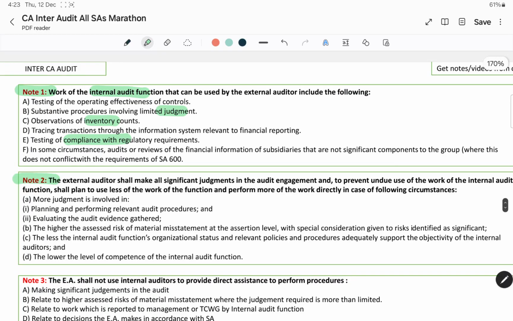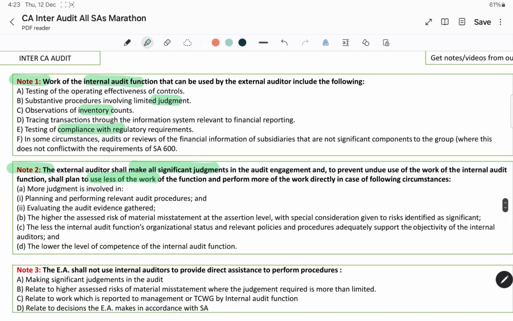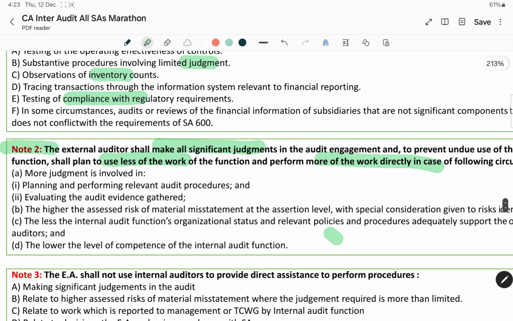Note 2. The external auditor shall make all significant judgments in the audit engagement, and to prevent undue use of the work of the internal audit function, shall plan to use less work of the function and perform more of the work directly in the following circumstances where more judgment is involved: planning and performing relevant audit procedures and evaluating the audit evidence gathered.